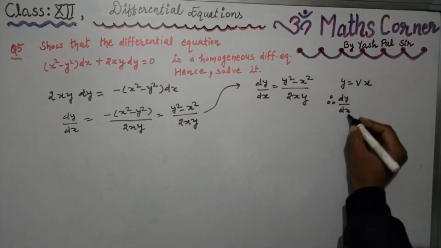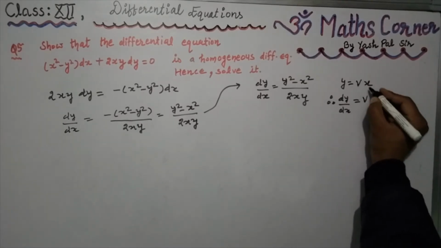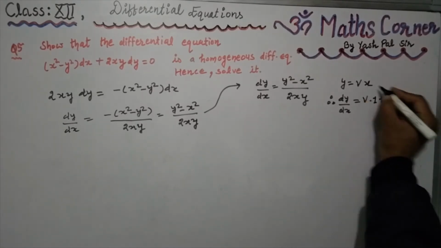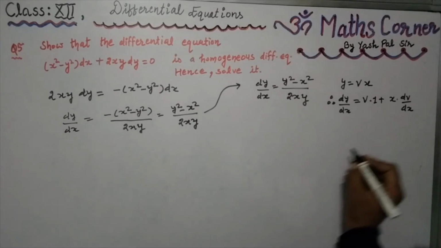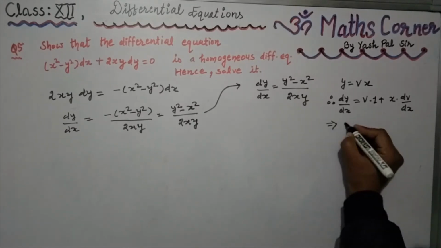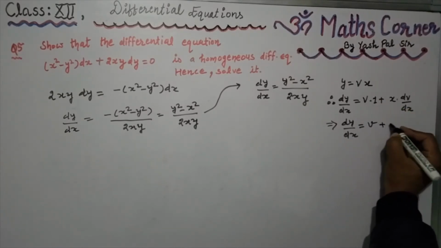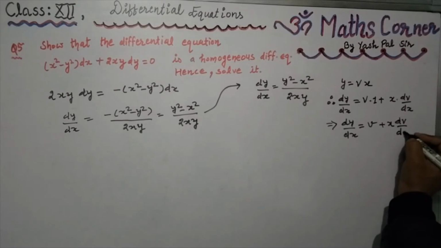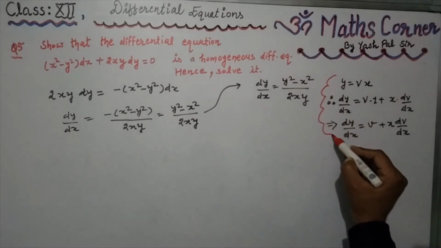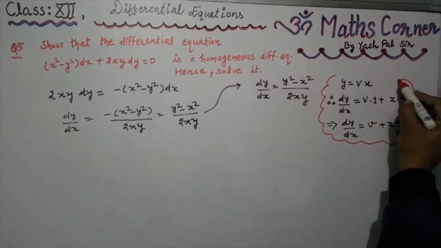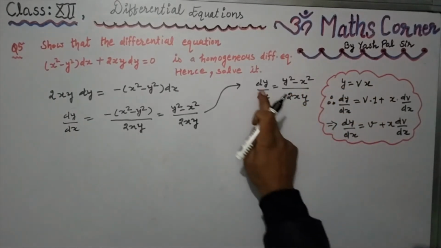So dy/dx is the derivative of y with respect to x. Similarly, derivative of the right hand side: first function as it is, derivative of x is 1, plus x times the derivative of v, which is dv/dx. So we can write dy/dx as v + x dv/dx. This value we are going to insert in the given differential equation.